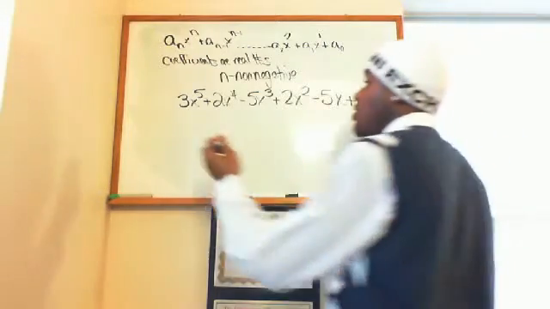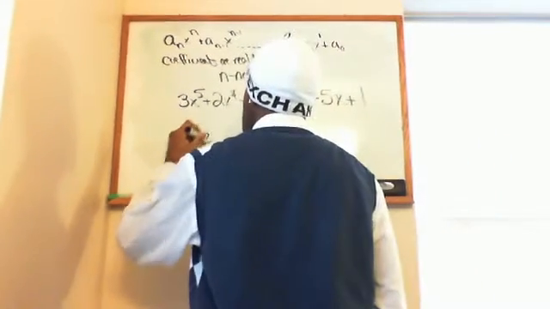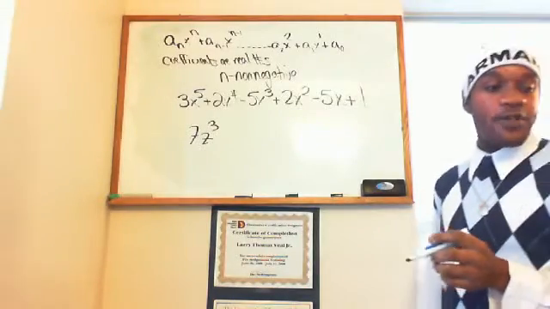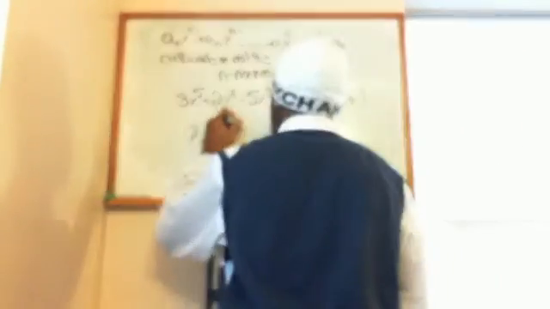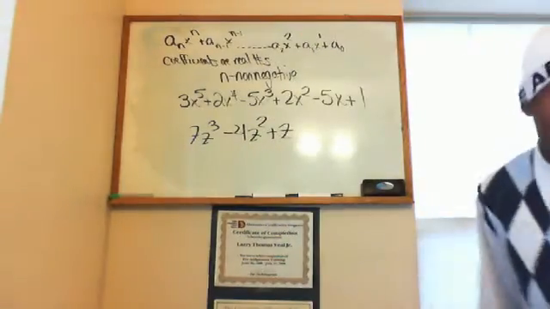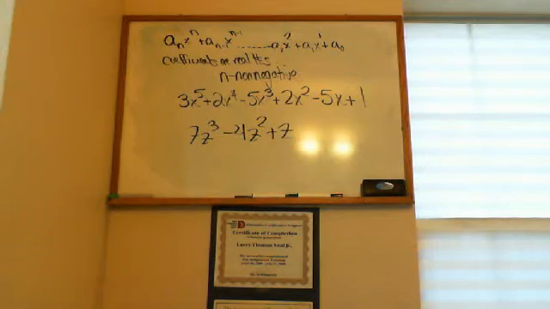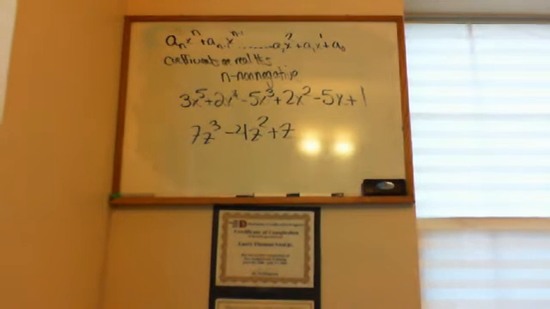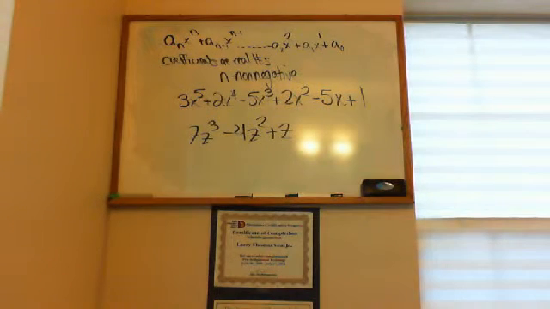So if I have a polynomial of 7z cubed minus 4z squared plus z, what do you think? First of all, is it a polynomial in one variable? Did you see anything else besides z? No, right? So it is a polynomial.